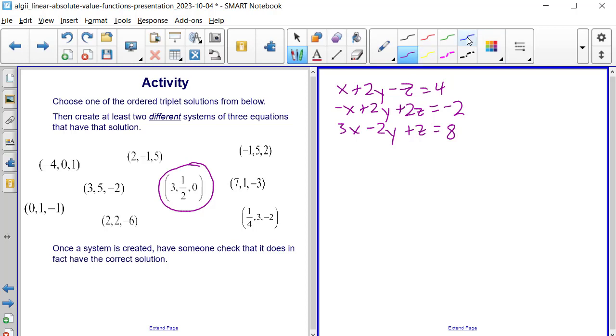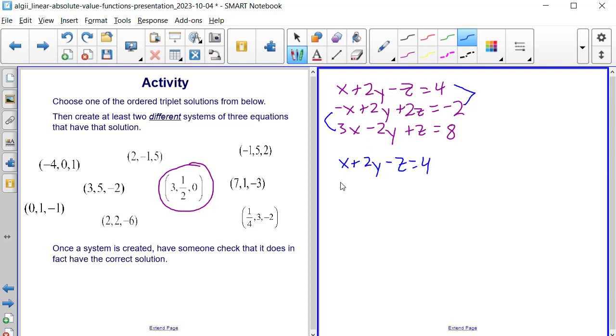Okay, so I'm going to solve it by pairing the top 2 together and then the bottom 2 together. And I'm going to get rid of y in both cases. So the first 2, we have x plus 2y minus z equals 4.